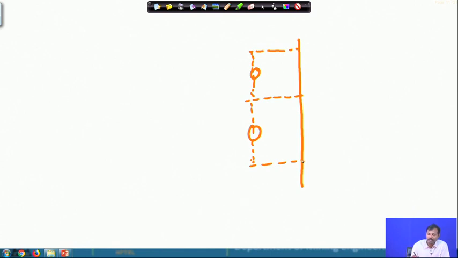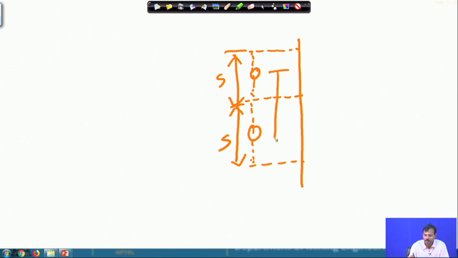So, basically this distance is the spacing of the holes.